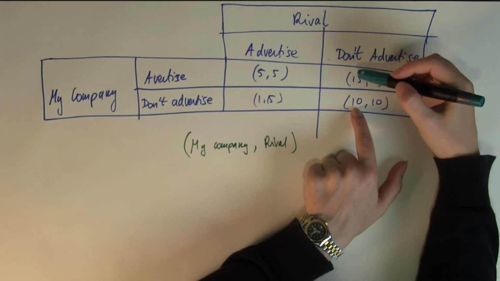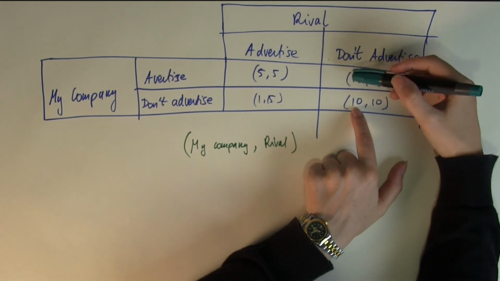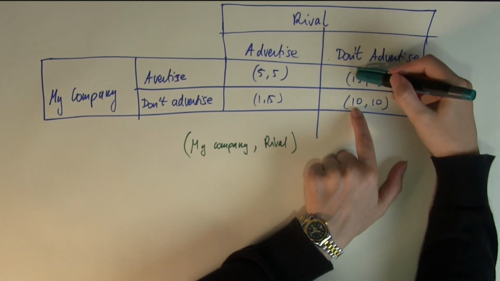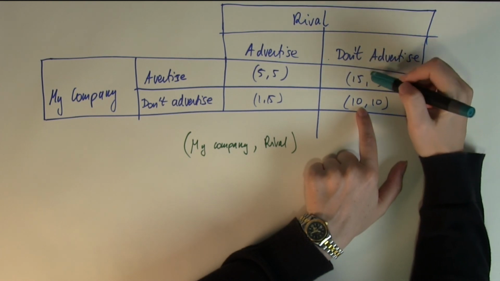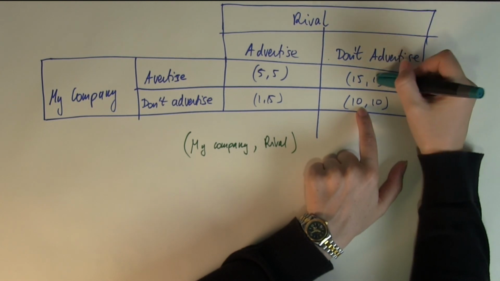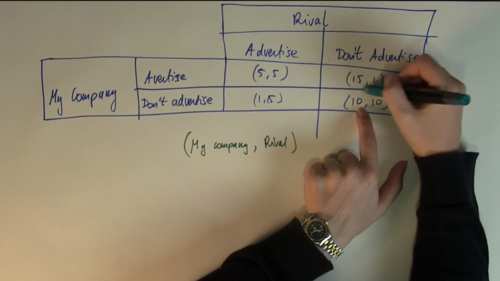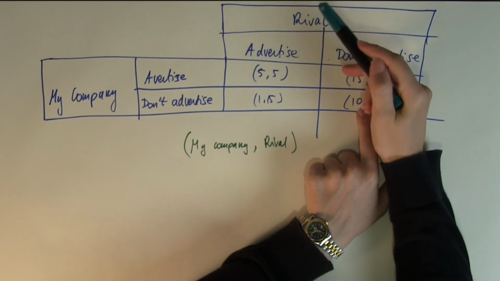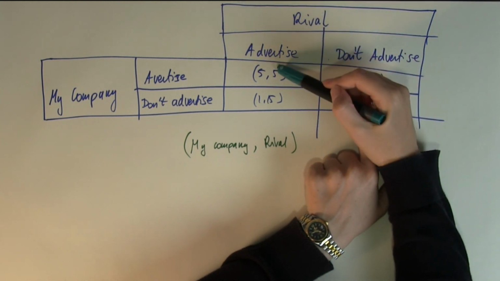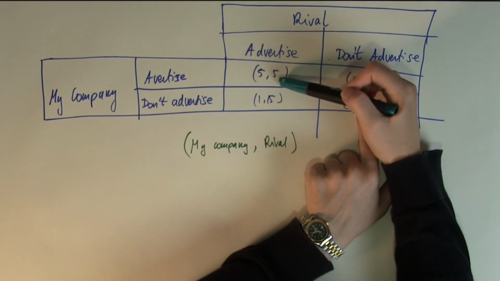But if I do advertise, I would earn 15 million. That is a big difference. So I would definitely go for advertising. And therefore, my rival would end up with only 1 million profit. That is not a good tactic for them to use. So to maximize profit, they would also go for advertising.